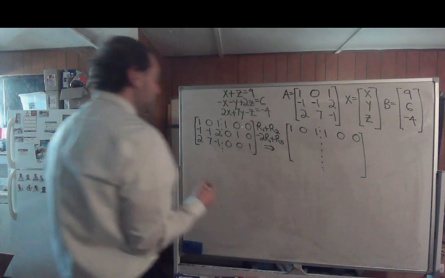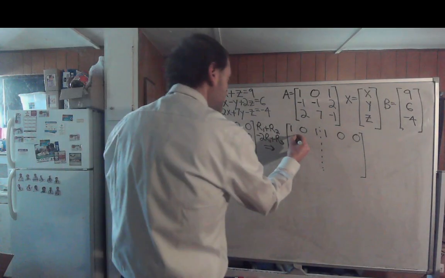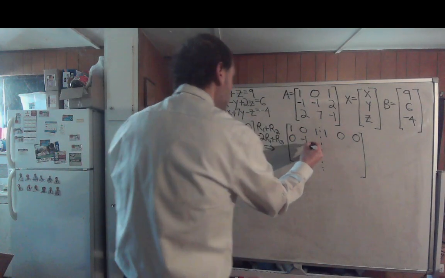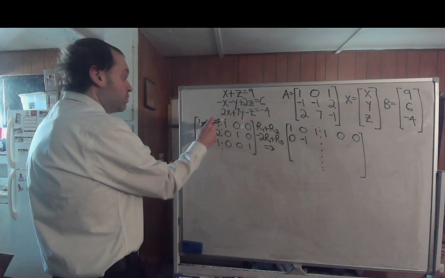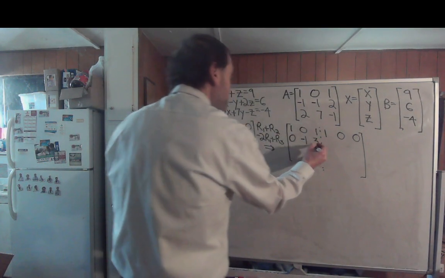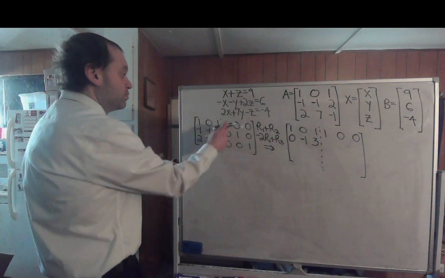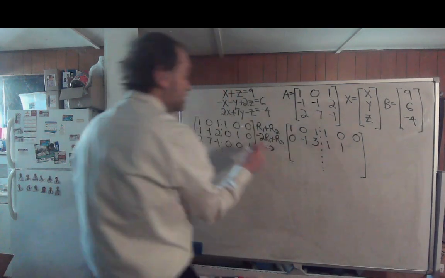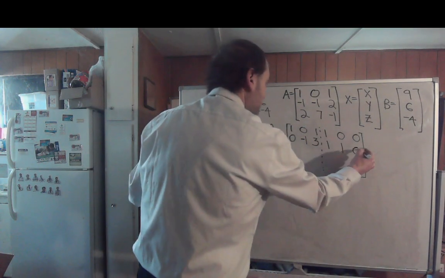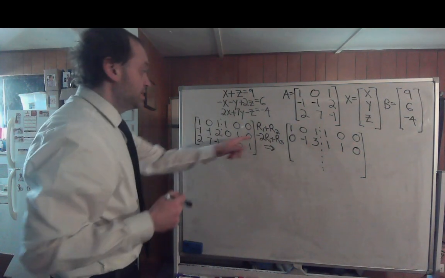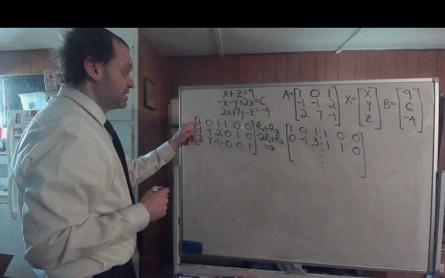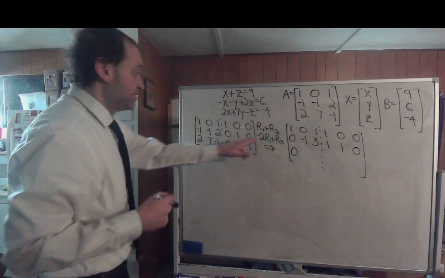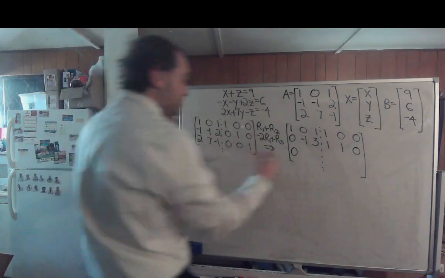Alright, so let's see. 1 minus 1 is 0. 0 minus 1 is still negative 1. 1 plus 2 is 3. Let's see, 1 plus 0 is 1. 0 plus 1 is 1. 0 plus 0 is 0. Alright. Now, negative 2 times 1 is negative 2 plus 2 is 0. Negative 2 times 0 is 0, plus 7 is still 7.